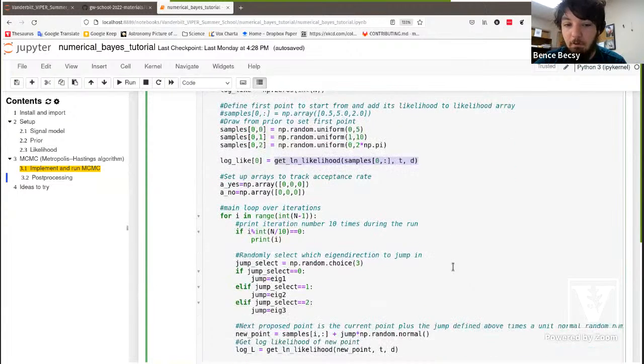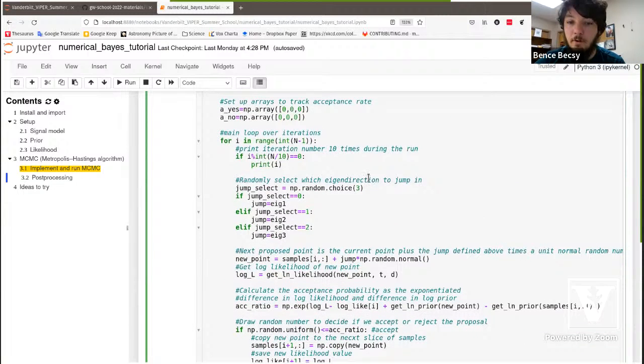And then we do the loop over iterations. So as I said here, we randomly select an eigendirection to jump in. So here I just used numpy random choice, which with this argument of 3 will give you 0, 1, or 2 with equal probability.